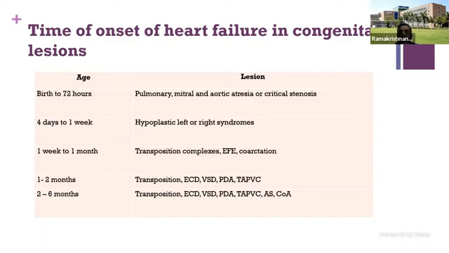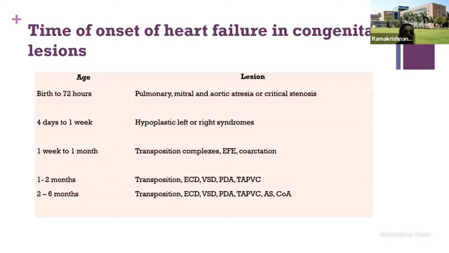Suppose somebody gives you a history of heart failure, depending on the symptoms suggestive of heart failure, you can actually make a choice. What is it likely to be? So if it is birth to 72 hours, this cannot be a shunt lesion. That is why this question is repeatedly asked. Heart failure in a shunt lesion generally develops after 4 to 6 weeks of life, because by the time PVR is very high and PVR reduces, only then does the shunt start to flow.